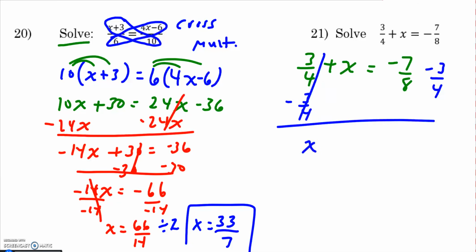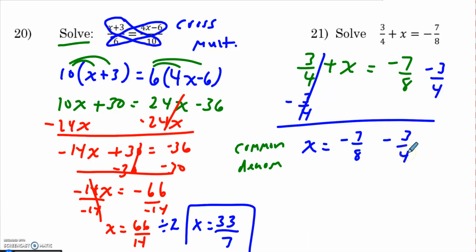So I'd have x alone equals negative 7/8 minus 3/4. And this is a situation where, when I'm combining the two fractions, I need a common denominator. Everyone's favorite. My common denominator between 8 and 4 is 8. So you don't necessarily need to multiply both fractions.